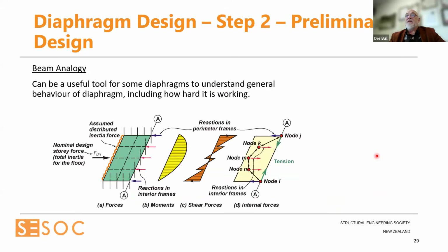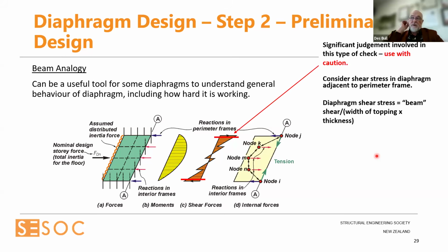The beam analogy has been around for years, which is fine. Treat the floor as a horizontal beam. But here's a takeaway for you. This is a quick check to make sure that we're getting in the right order of diaphragm thickness and so forth. It says use with caution.